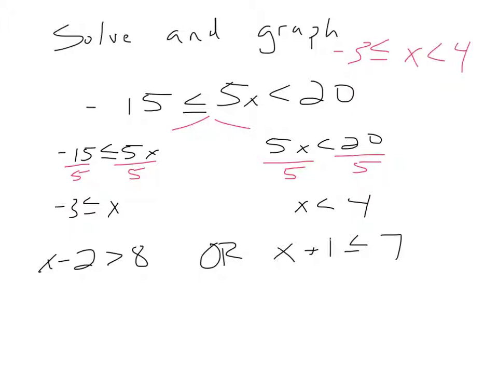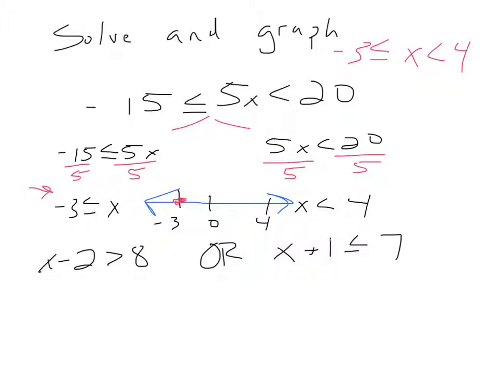As a graph, look at this. Again, I'm going to have negative 3 here. I'm going to have 4 here, 0 in the middle. Put in my points first. On that negative 3, I'm looking on this left side. Negative 3 is less than or equal to x, so is that going to be a closed or an open dot? Closed.